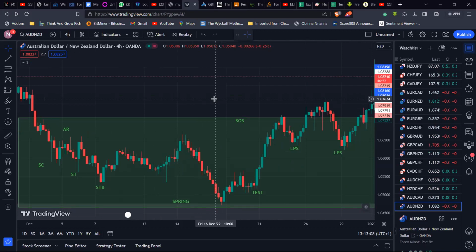Because the truth is, once the composite man is done accumulating enough orders, the way price would move is those times where you see the market just gaps out. It doesn't really come back down. So if there's any time I want to be in the market, it's that time. I'll be in the market the shortest possible period of time and make the best amount of money.